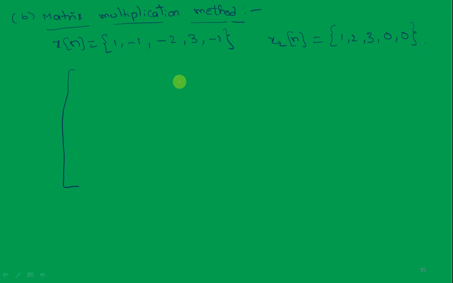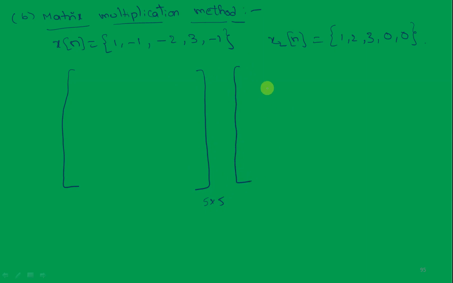I am not writing the formula again here, since it was already discussed in the previous slide. When you start the problem, first you write that basic formula and then substitute here. Here 5 samples are there, so now the matrix size is 5 by 5.